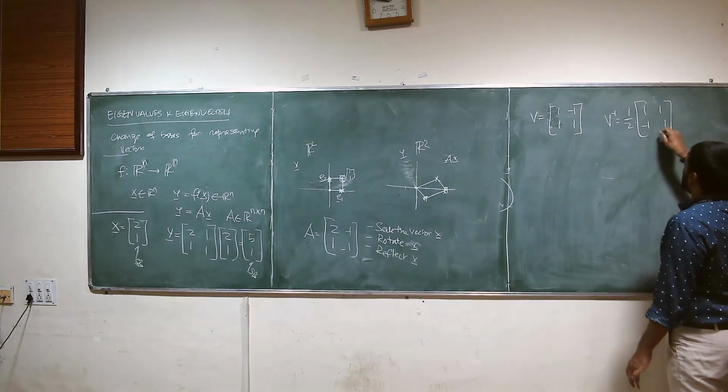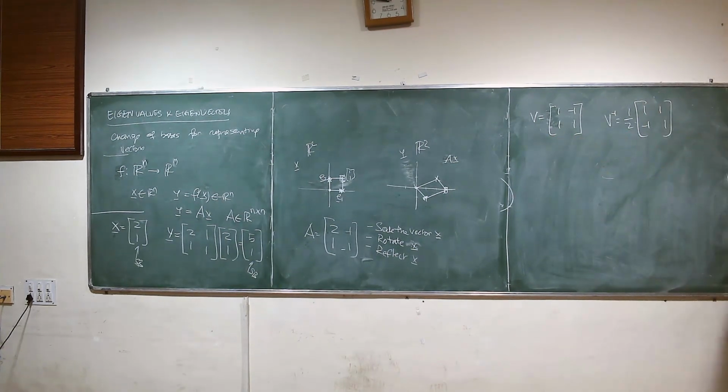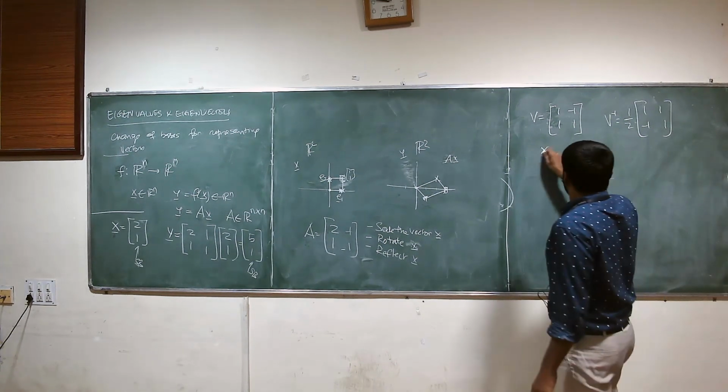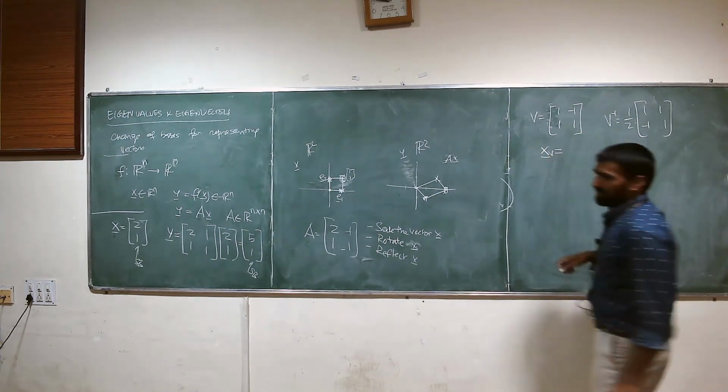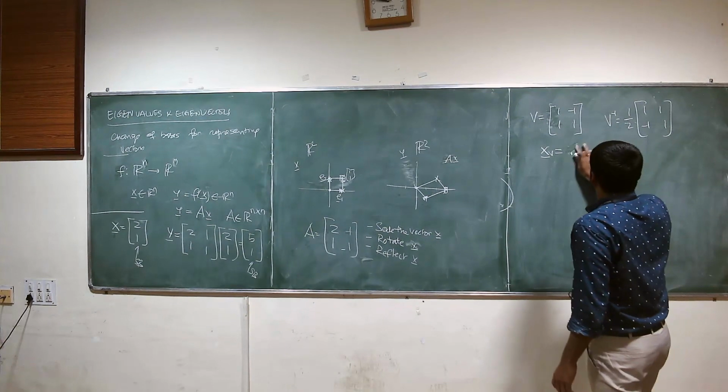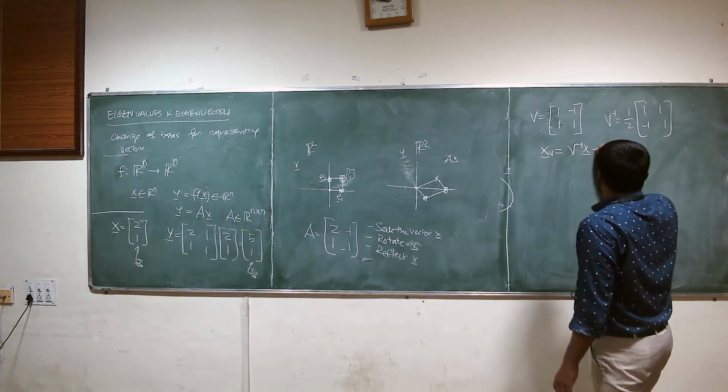We can verify that this is in fact the inverse of this matrix. What is the representation of my x vector in the V basis? Okay, what is that? So you have to do V inverse x.